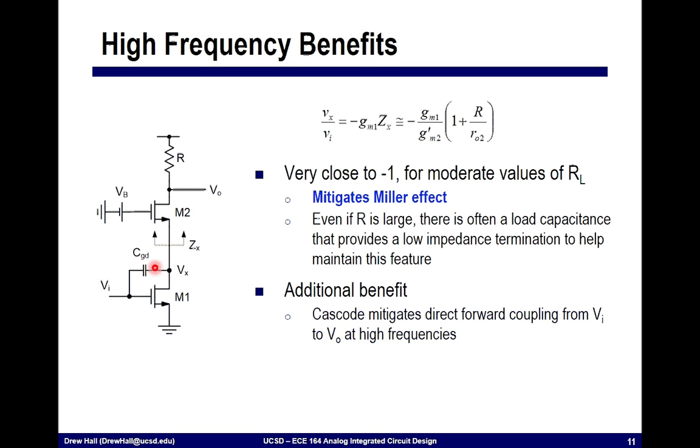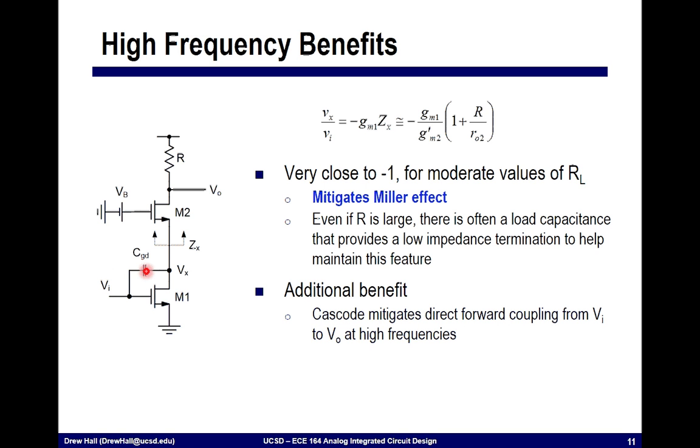When I look up into this node, I see 1 over GM2, if R is larger than that, or R divided by GM times R naught of this stage. So I've reduced the impedance that I see looking up here by at least GM times R naught. This means I have a much lower impedance that this capacitor sees, and this reduces the Miller effect from this transistor.